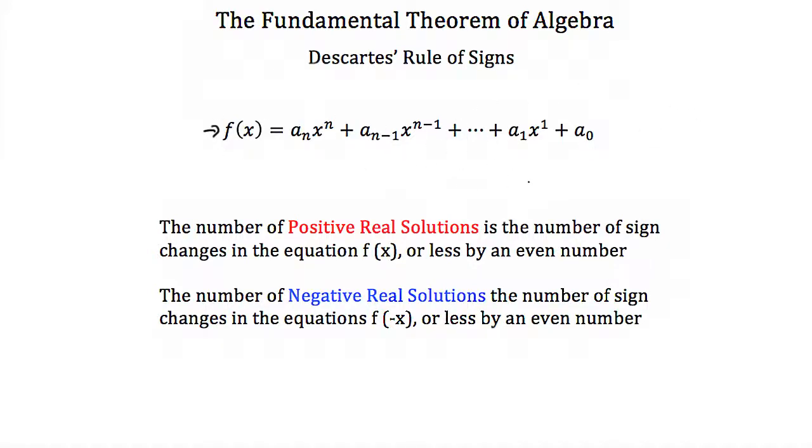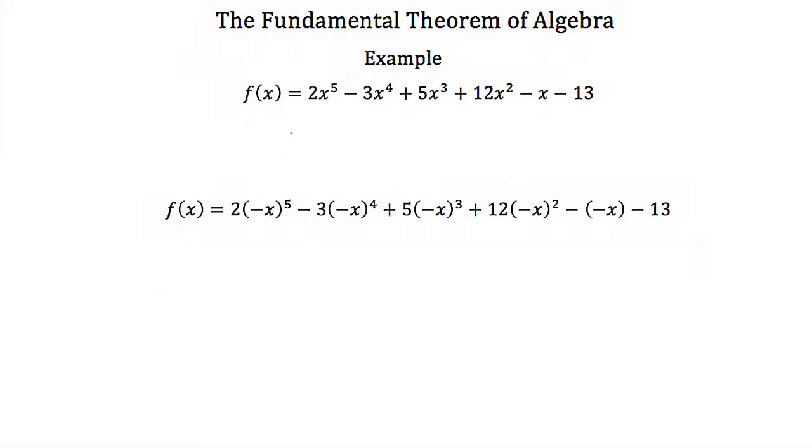So let's try this. Here we're given the polynomial f of x is equal to 2x to the 5th minus 3x to the 4th plus 5x cubed plus 12x squared minus x minus 13. And then here we're given the exact same polynomial, but they've just substituted in negative x for us. Well, let's look at our first one and determine how many sign changes we have.